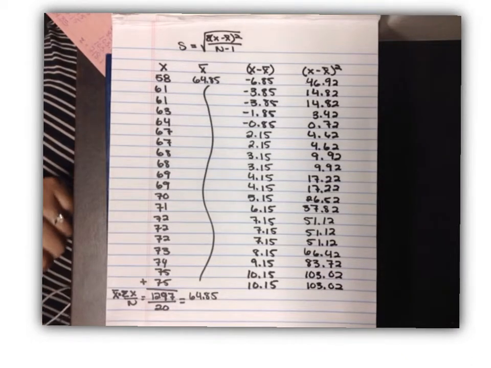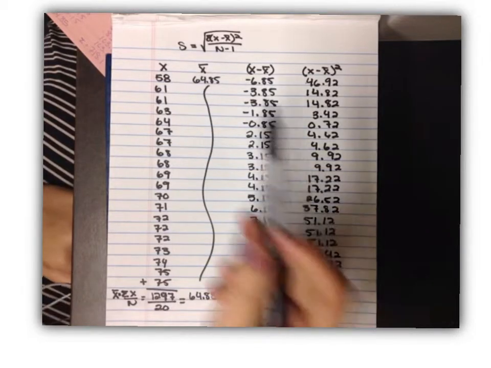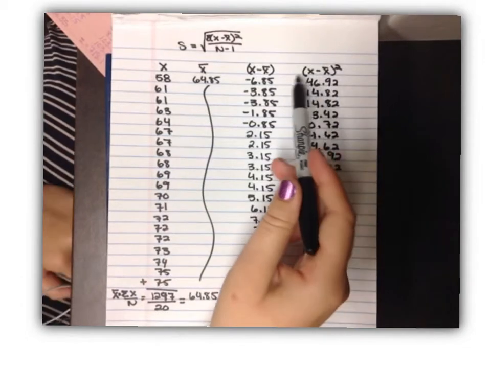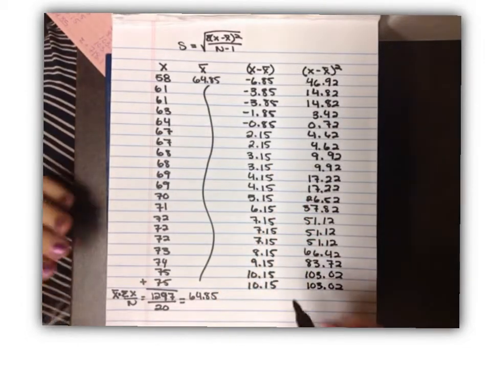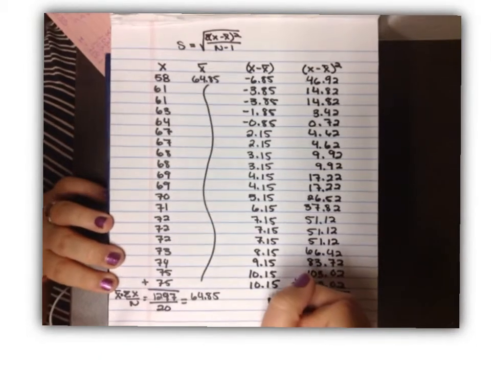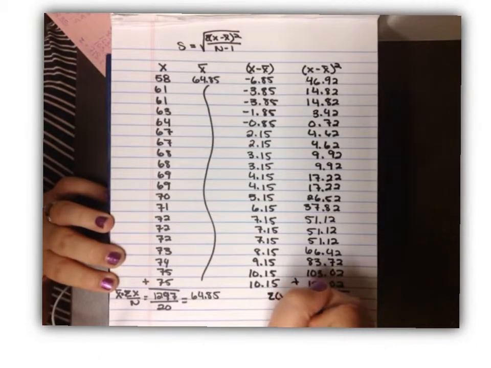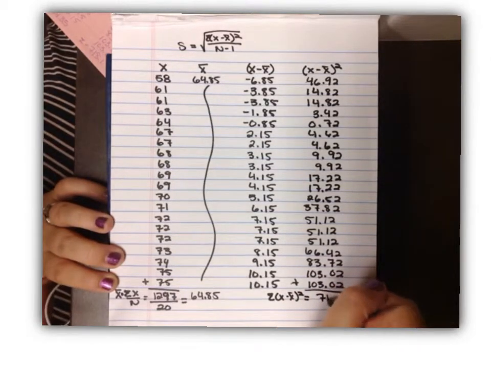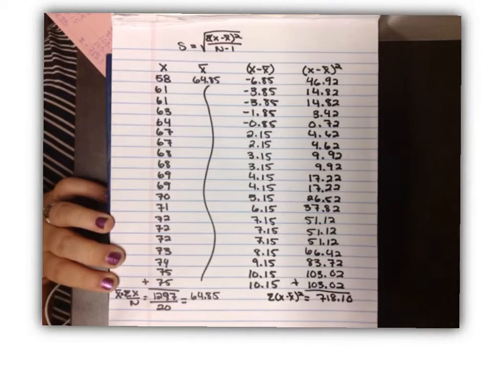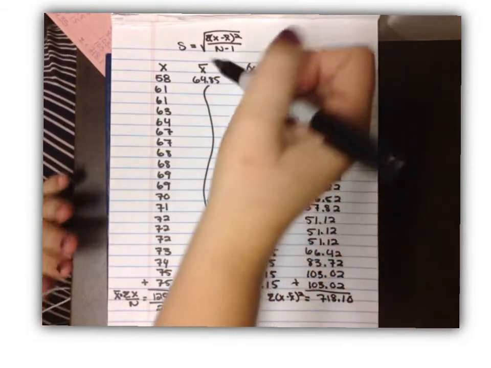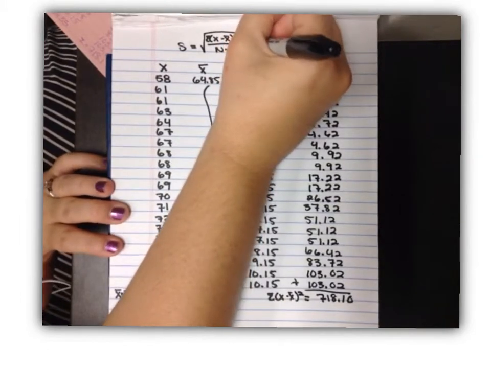Okay, so now in our equation for standard deviation, we want the sum of the x minus the mean squared. So we have x minus the mean squared for each one, so now we're going to sum those up. We're going to add that column together, and the sum of x minus the mean squared equals 718.10, is what I calculated. So I'm going to take that number and put it back up into my equation for standard deviation.